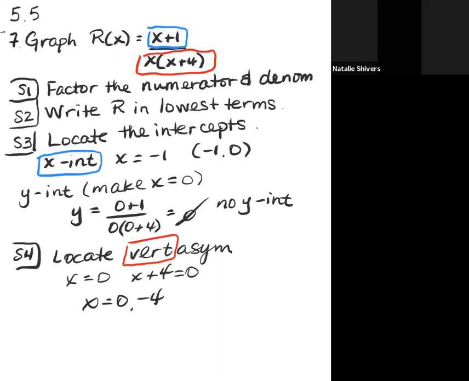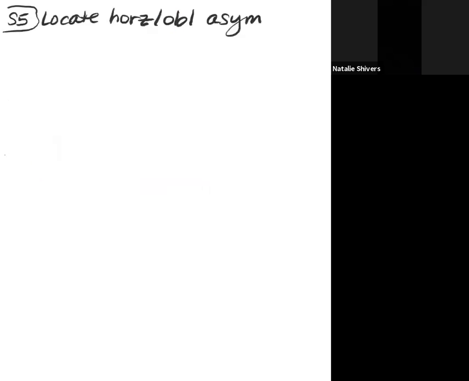If you look at what happened on the other page, we can't really do long division very easily here, so I'm going to multiply it back out. x times x plus 4 equals x squared plus 4x. So now I'm going to do long division with that one. We have x squared plus 4x over x plus 1.